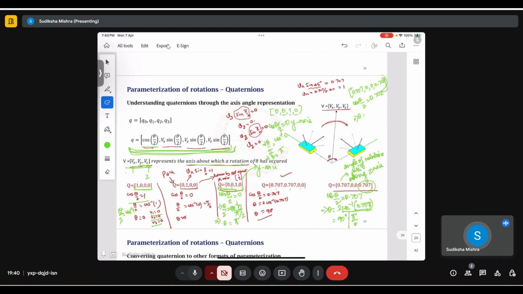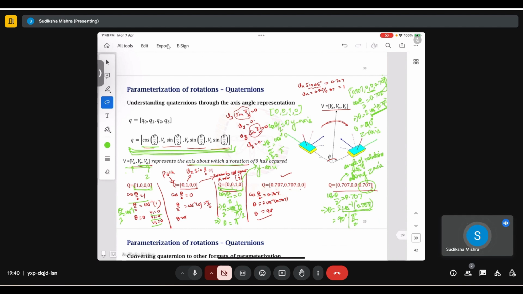So theta is equal to 2 cos inverse of 0.707. This term is 45 degrees, so theta is equal to 90 degrees. And since these two terms are 0, the rotation has occurred about the z-axis.